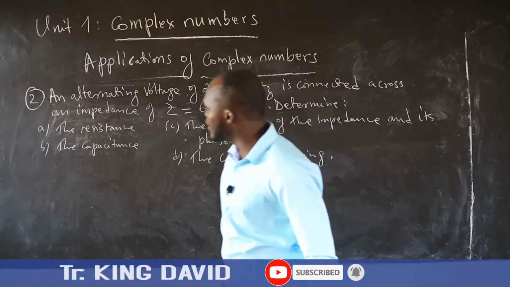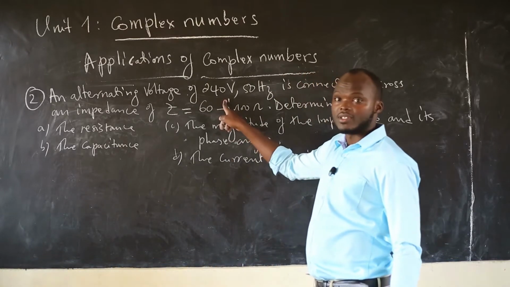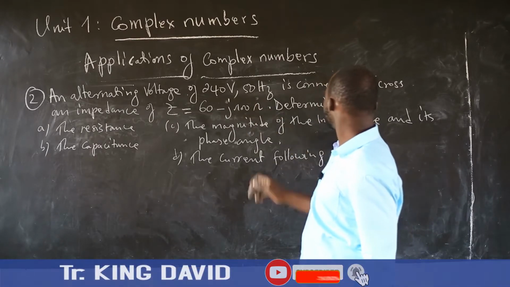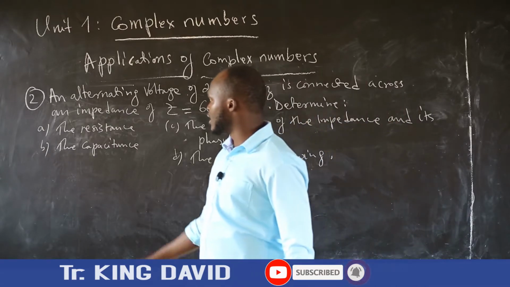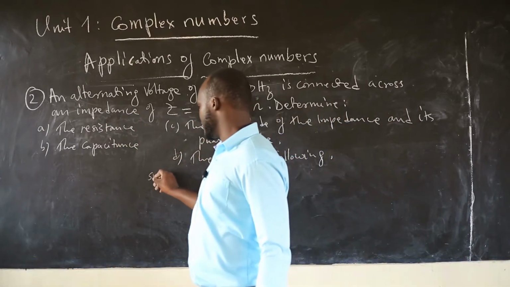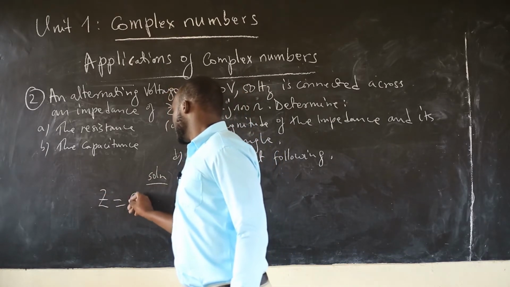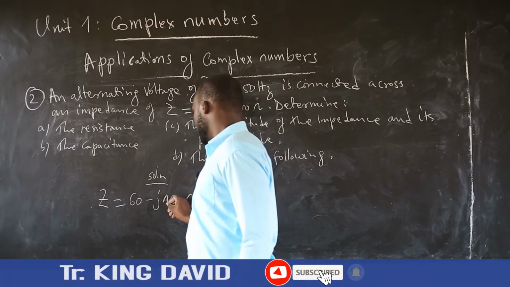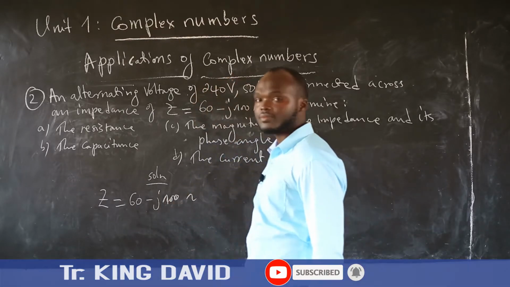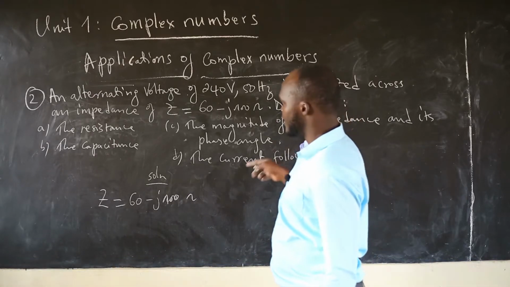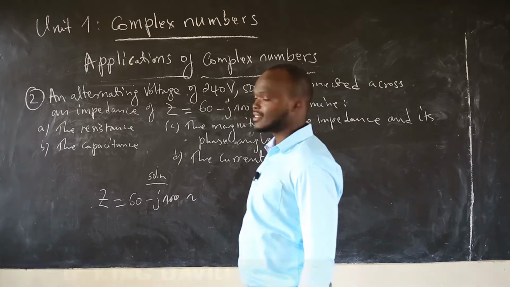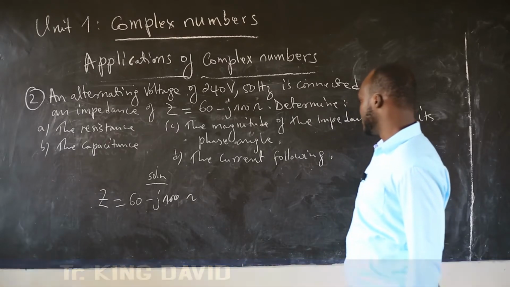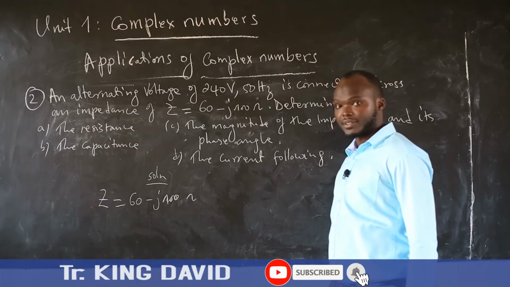We have an alternating voltage which has 240 V with 50 Hz, this is the frequency, connected across an impedance Z. We have our impedance Z equal to 60 minus j100 ohm. The questions are to find the resistance, the capacitance, the magnitude of the impedance and its phase angle, and the current flowing.